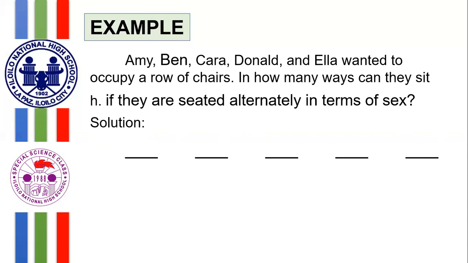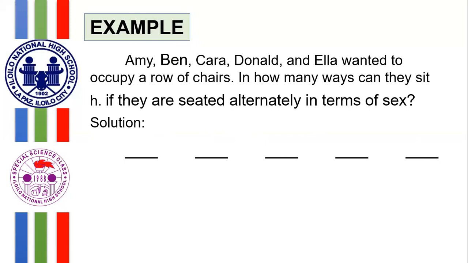We have to analyze this one. Let's analyze the principle. How about if a boy is here, let's say if Ben is here? If Ben's here and we have boy, girl, boy, girl, boy, girl, but the last here will be a girl. So that can't be, because they should be alternately seated.